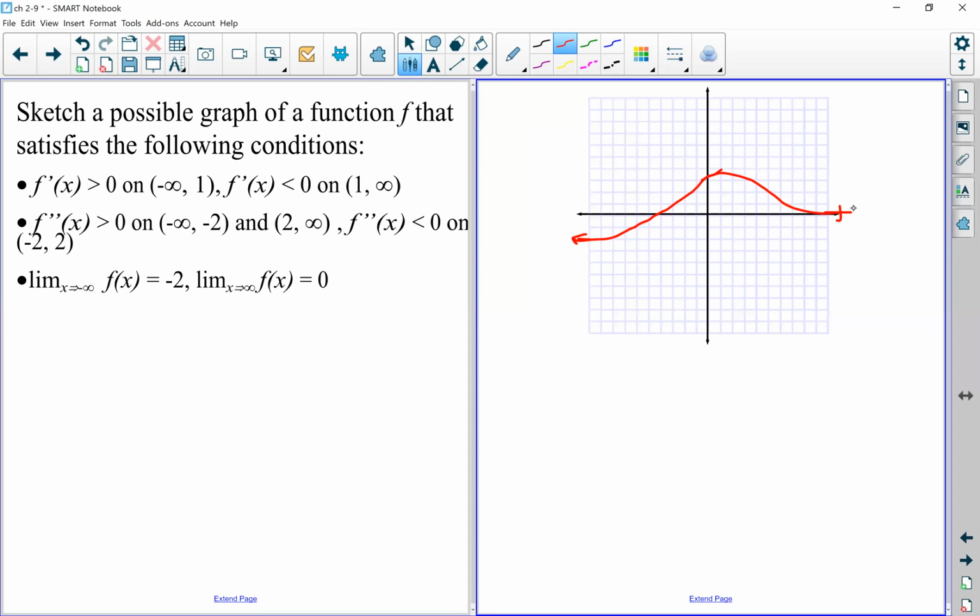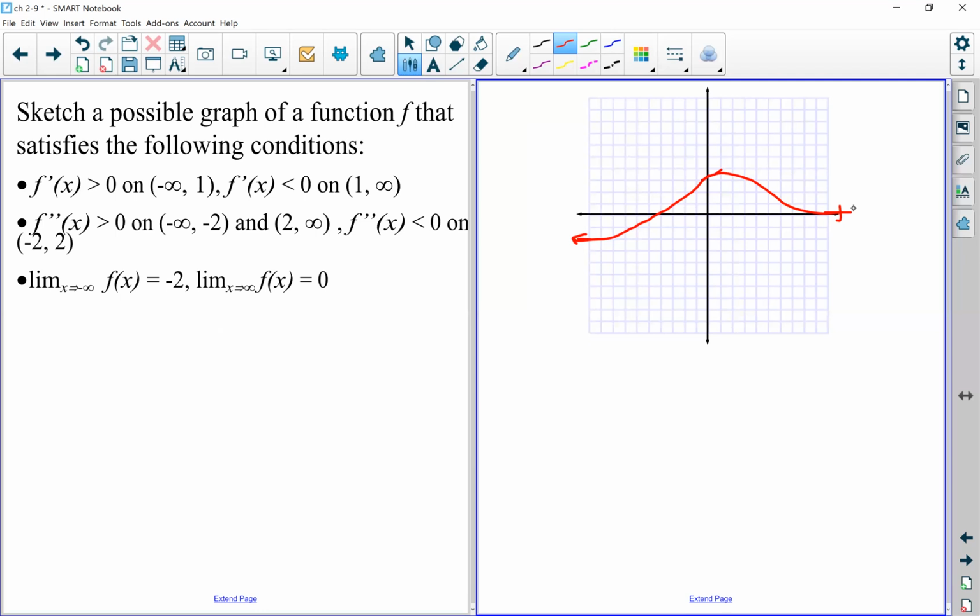And now I should check concavity. And the truth is, if we do a good job with increasing and decreasing, concavity tends to take care of itself. So if I look at this, it says from negative infinity to -2, I'm concave up. It's not bad. And then from +2 to infinity, I'm concave up again. Yeah, that one might be off a little bit.